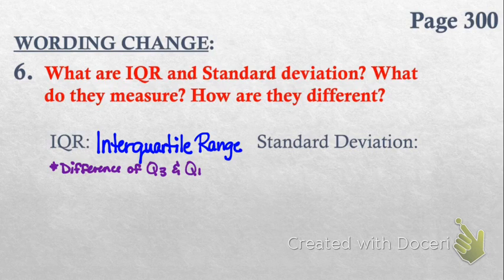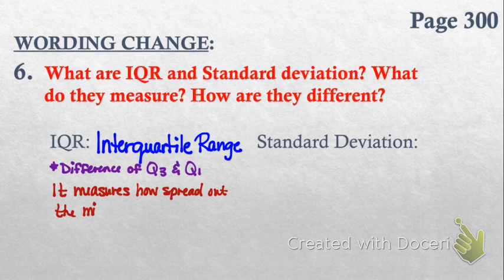What does it measure? It measures how spread out the middle half, or the middle 50%, of the data is.